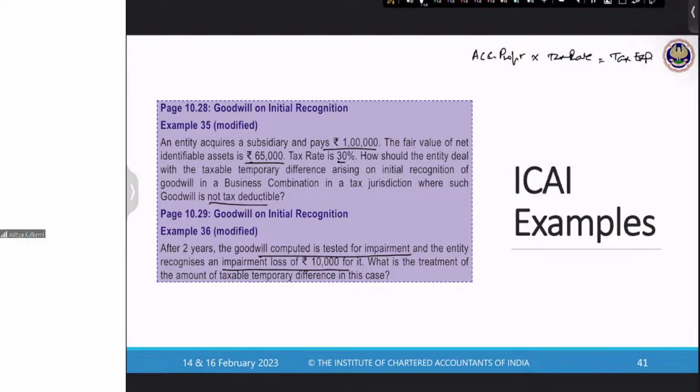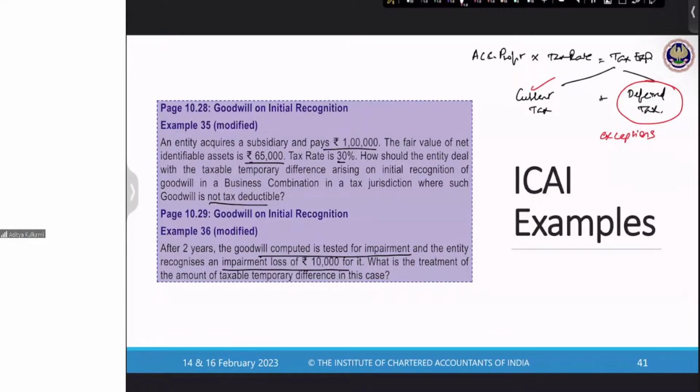And my tax expense, as defined, is current tax plus deferred tax. Current tax we are able to calculate, no problem. But when I'm calculating my deferred tax, we are going to face certain exceptions.